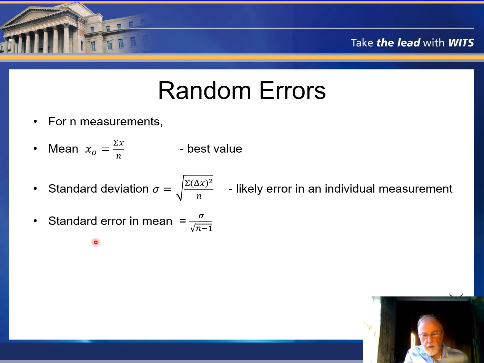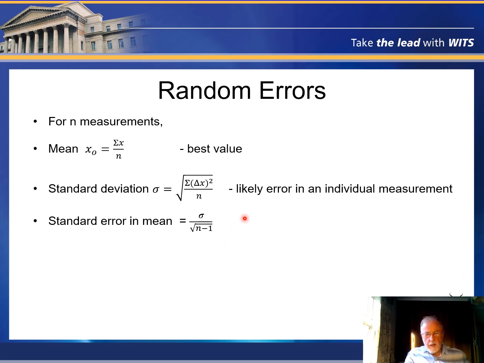The standard error in the mean is the standard deviation divided by the square root of n minus 1. The 1 comes from statistical theory. And just in passing, we notice here that supposing we do 10 measurements, the value of n minus 1 is 9 and the square root is 3.